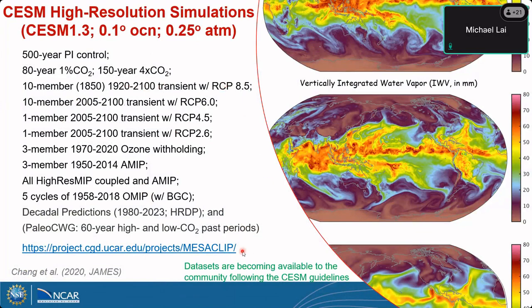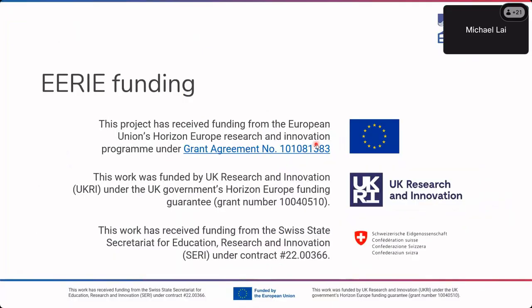And this could be an amazing resource to compare with our EERIE simulations that actually have multi-member ensembles. They do the tropical Pacific trends in a really nice way. So I really encourage people to look at the data sets that are available there and think about using them as well. And that is me done.